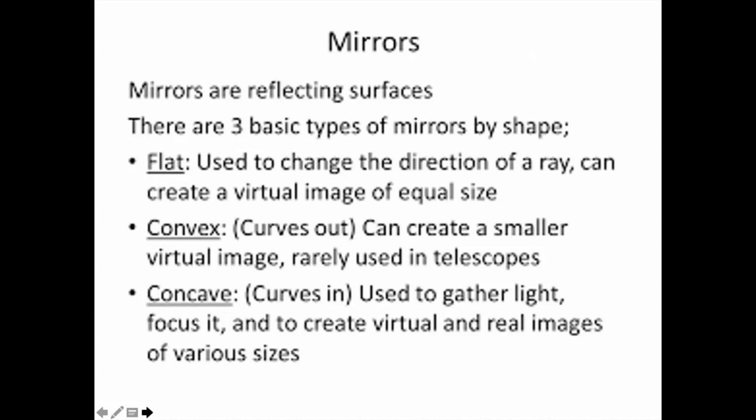But if they do not meet, and we just extend them in imagination on the opposite side, and we say they appear to meet, then such an image is called a virtual image. You just have to say that when the reflected rays do not meet, the image formed is virtual.